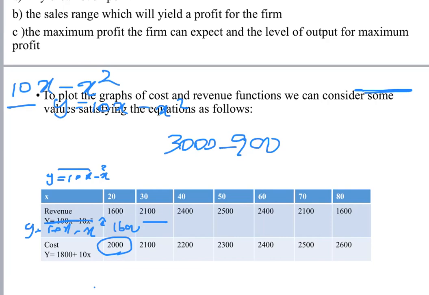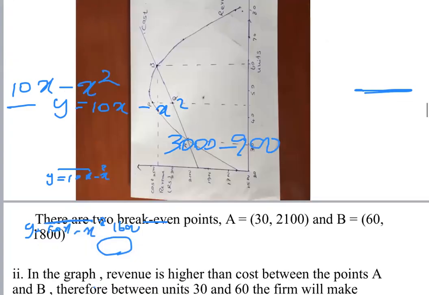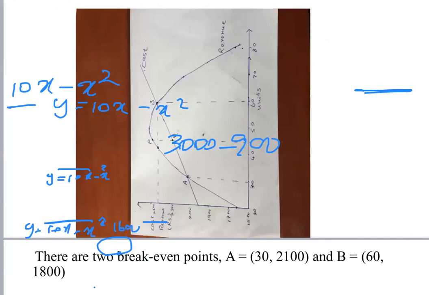Then by using those values, we can draw the graph, right? In this case also, can we rotate this one? A little bit hard, no? So anyway, I will show you.